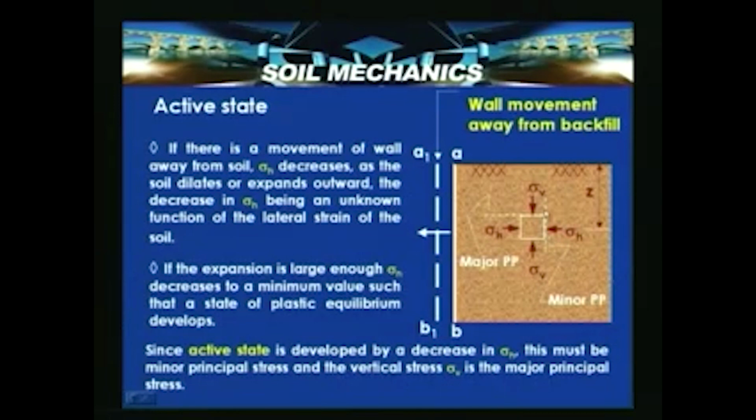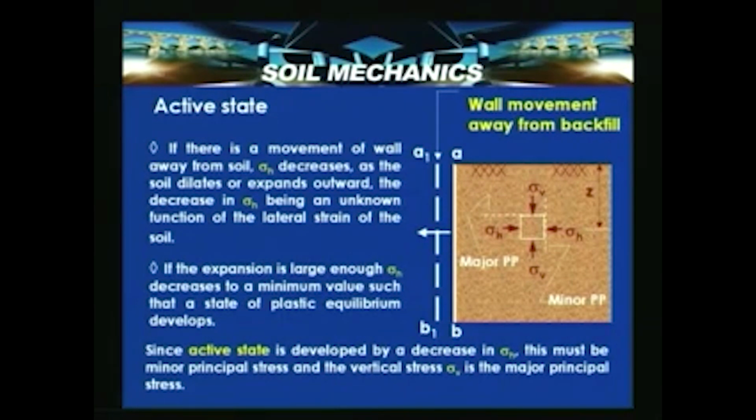So, here this is the minor principal plane, because sigma h is decreasing. The reason for the decrease is that the movement is opposed by the shear resistance of the soil. So, the active state is developed by a decrease in sigma h; sigma h becomes minor and sigma v becomes major.